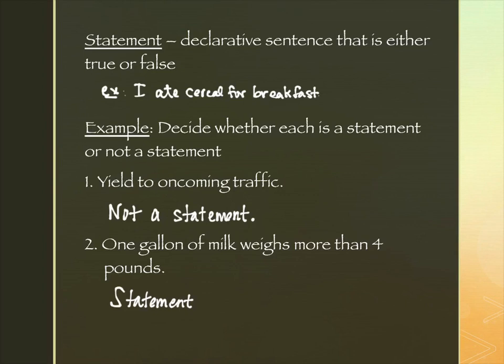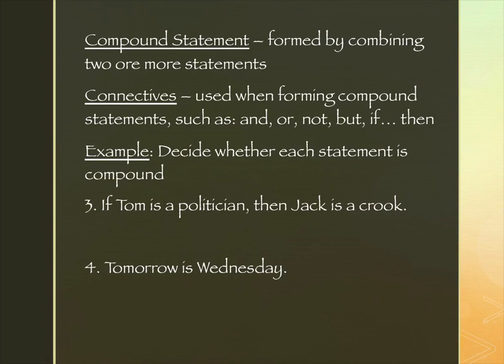All right. We have compound statements. So compound statements are simply joining two statements together. We join them with words called connectives. So some connectives that you're familiar with are and, or, not, but, if then.